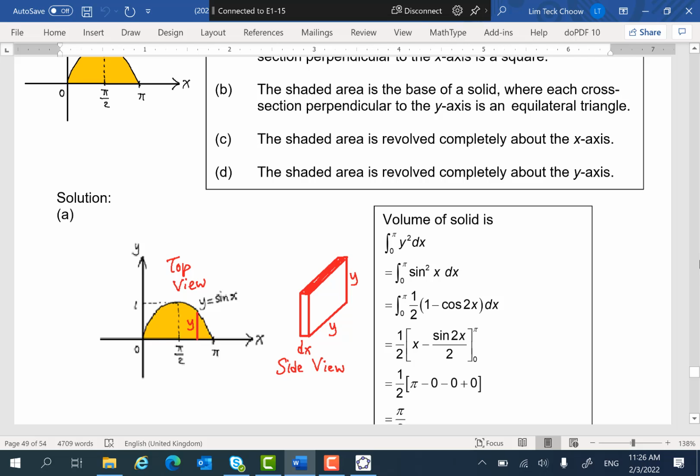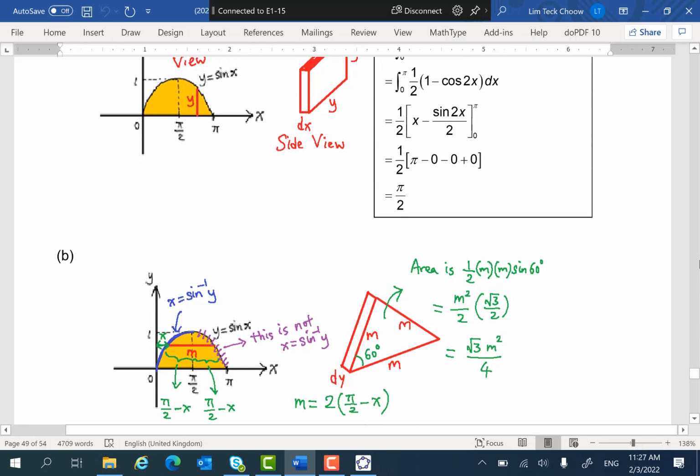So for 39B, the shape has the same base, which is a semicircle, but to form the complete solid, you are going to make use of equilateral triangles perpendicular to the y-axis. So you can imagine it cuts across from left to right.